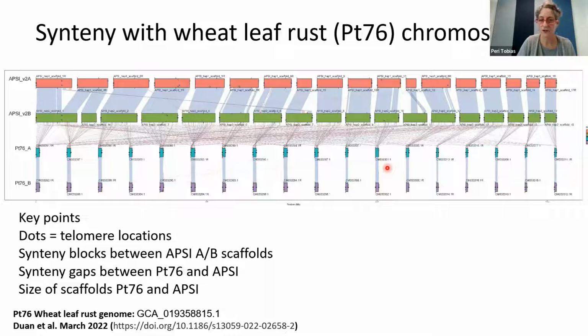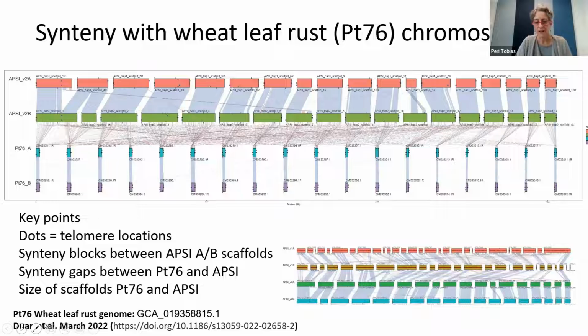So that's, I think, of interest and kind of confirms our previous findings. I just threw this small graph in below just to show you how the version 1 genome stacks up against version 2. And you can see that there's a lot of things that have moved around that were mis-scaffolded previously.